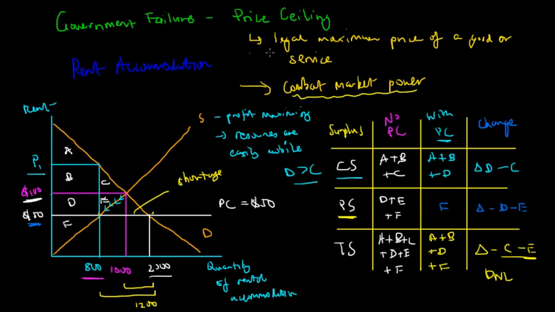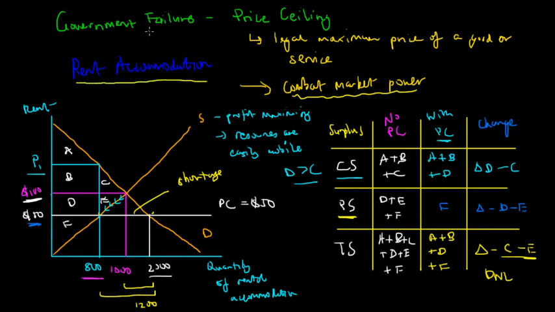And from that we can see that the total surplus, or the economy, is actually worse off by the government applying a price ceiling or implementing a legal maximum price of a good or service in this market. So in this case, they're going to apply a legal maximum price, which is below the equilibrium price of $100 on rental accommodation.